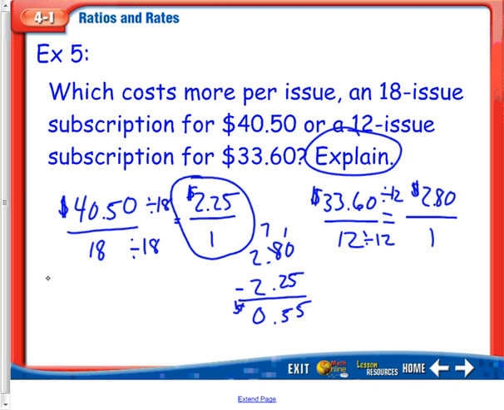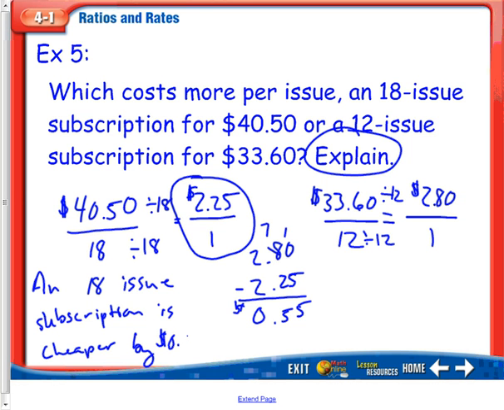So let's say that an 18-issue subscription is cheaper by 55 cents per issue. So every issue that you get, you're actually saving yourself 55 cents. So that'd be your answer and how you'd be expected to show all of your work.